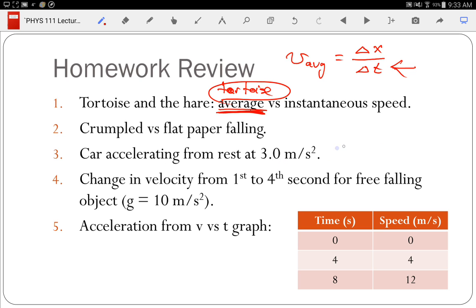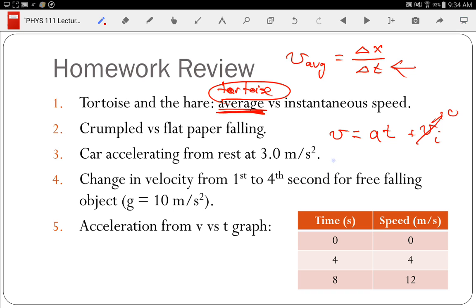You calculated, of course, the speed just by speed is equal to acceleration multiplied by time plus the initial speed, which is 0. And so you just had 0, 3, 6, 9, 12, 15, which made a nice straight line.